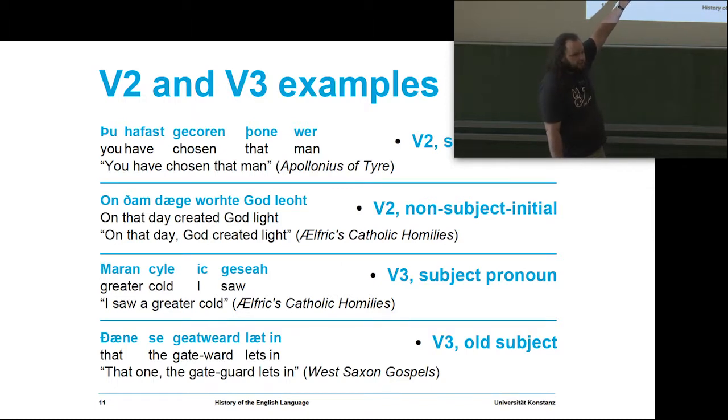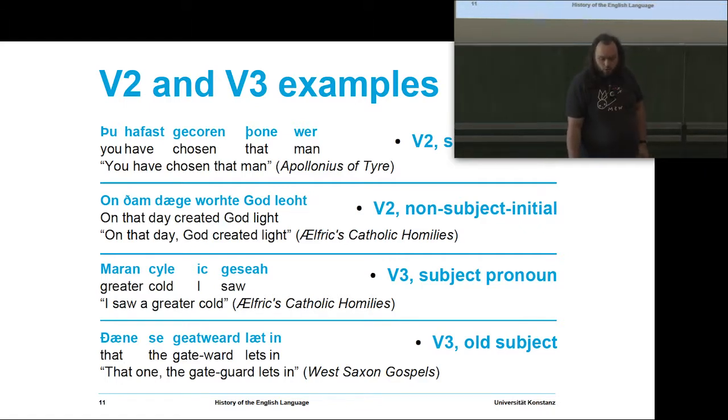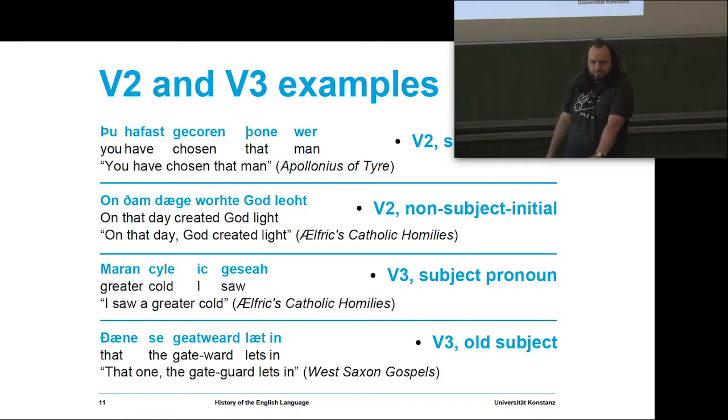In Old English, the verb comes before the subject. The verb worden, worked or created, has to precede the subject God in this kind of example. So that's what the second example is showing. That's verb second in Old English.